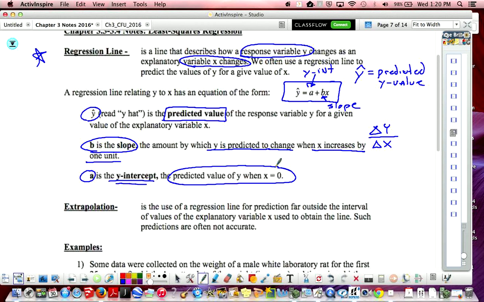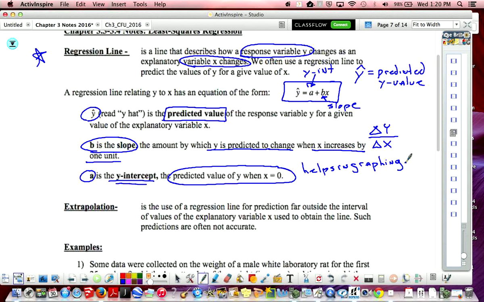This definitely helps when we graph it, but you have to be careful, because sometimes your y-intercept is not a reliable or useful value in the context of the problem you're analyzing, because it might not make sense to have an x value of 0, or the predicted y value you get when x is 0 doesn't make sense in the context of the problem.